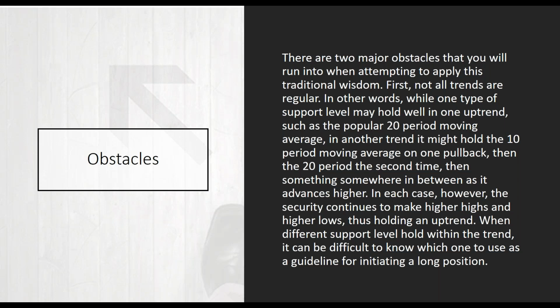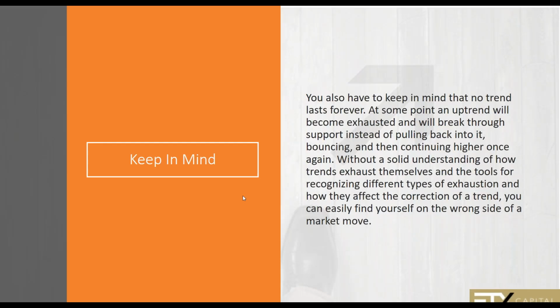In each case, however, the security continues to make higher highs and higher lows, thus holding an uptrend. When different support levels hold within the trend, it can be difficult to know which one to use as a guide for initiating a long position.